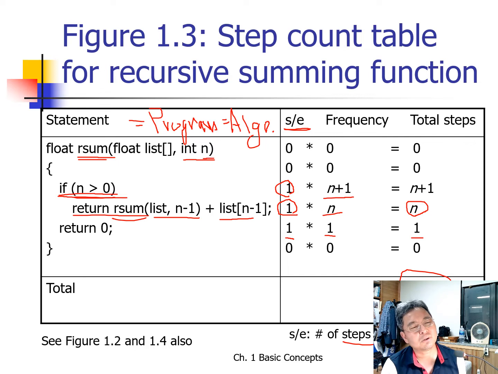Okay, so this is how we can count steps in programs. That is time complexity analysis. So you just count the number of steps, if we assume that there are n data.